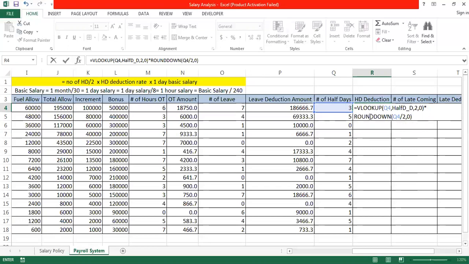So here we have number of half days, ROUNDDOWN number of half days, multiply by per day basic salary.